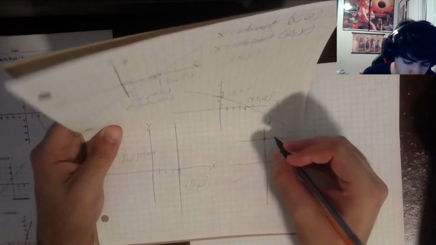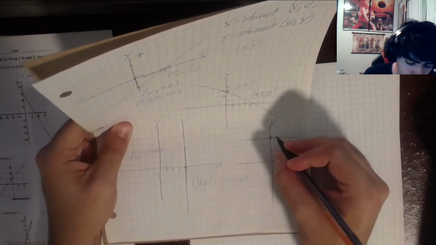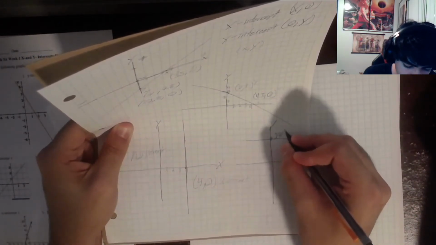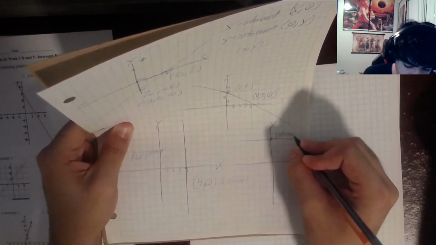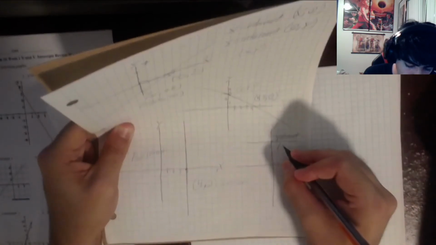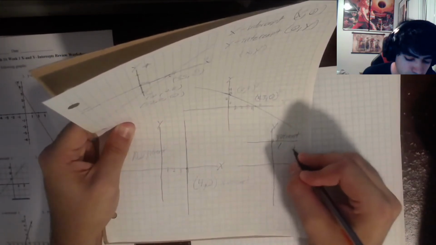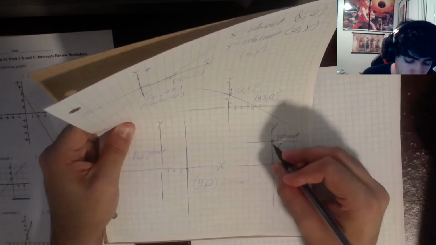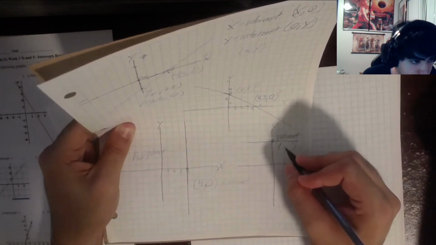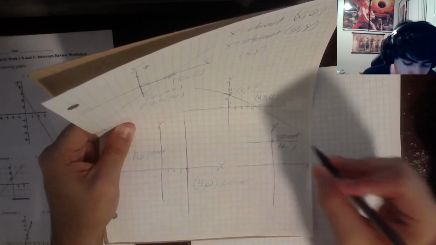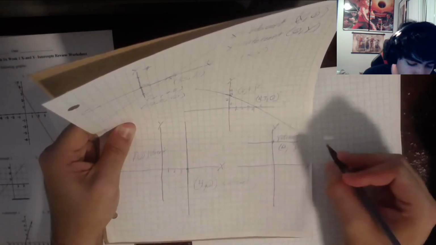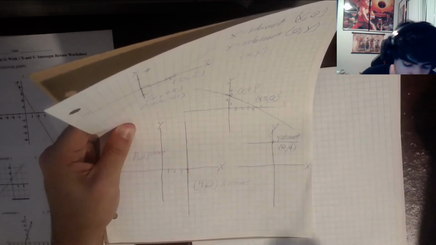It intercepts the y-axis at, what is your x? It's x comma y. It's always x comma y. What is your x value at the y-axis? It's always 0. Now, what is your y value? It's 4. So 0 comma 4.